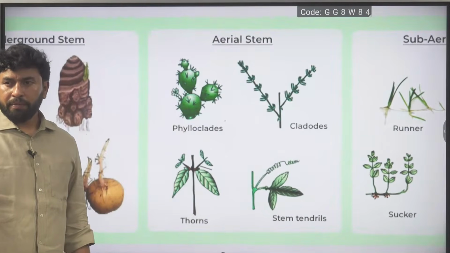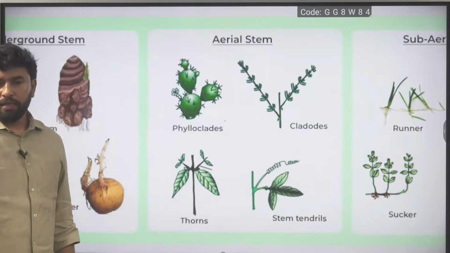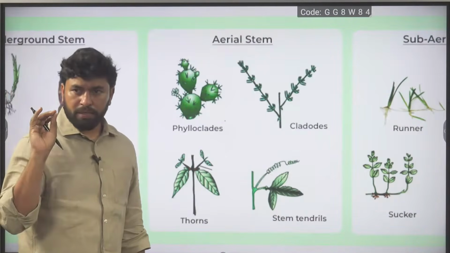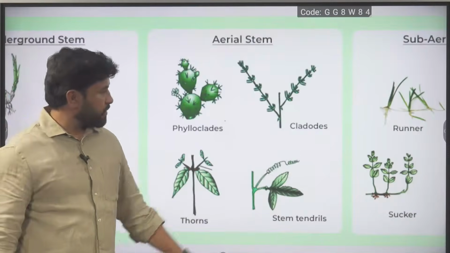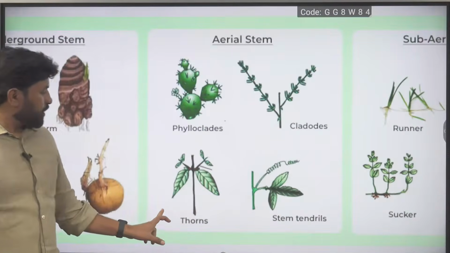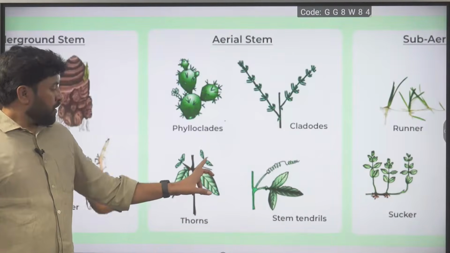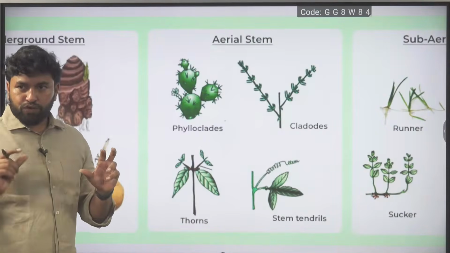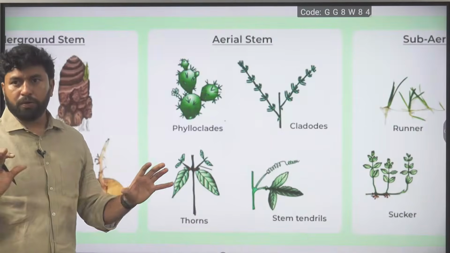In grapevine, the tendrils are developed from the terminal bud. In case of other plants, the axillary buds are going to develop in the form of tendrils. But here you see thorns. They are developed in bougainvillea. The axillary bud becomes a strong, woody, pointed structure which protects the plant.